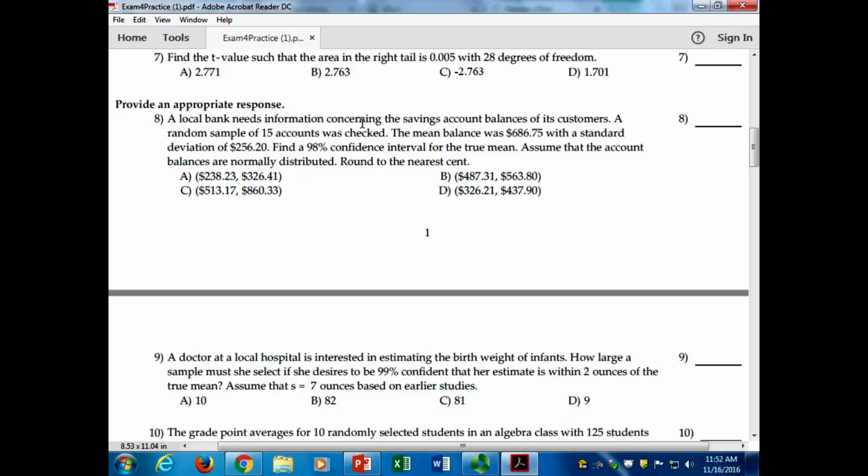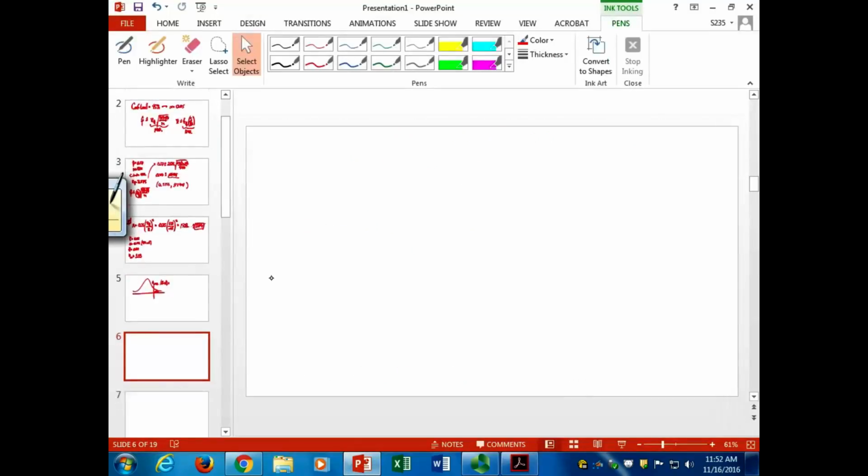Since we're talking about means here, the formula is x bar plus or minus t alpha over 2 times s over root n. We already know the sample mean, the sample standard deviation, and the sample size. They gave that information to us in the problem. What we do not know is this t alpha over 2.